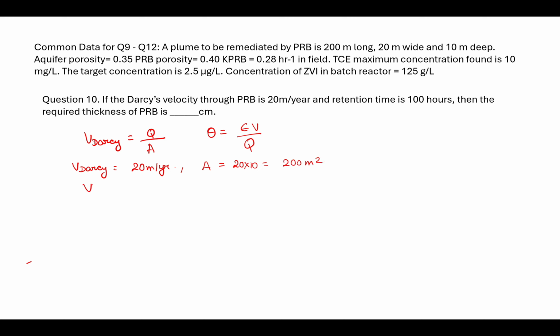And from this equation, Darcy's velocity is given as the ratio of Q by A. So our discharge will be Darcy's velocity into A, which is 20 into 200, 4,000 meter cube per year. We need to convert it into meter cube per hour, because retention time is in hours.